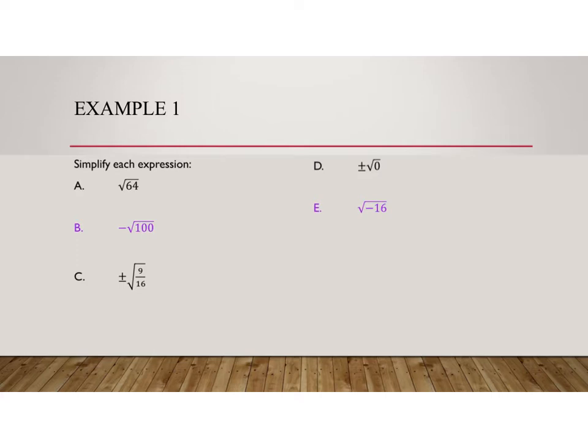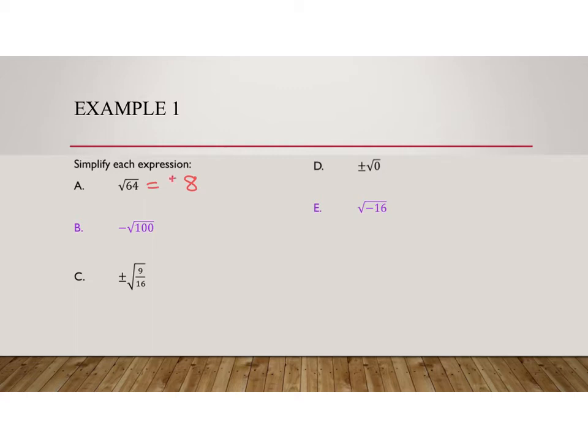So now when we solve these, we want to know what the square root of 64 is. How we're going to interpret this is: what number times itself will give me 64? If I think about the positive aspect, 8 times 8 gives me 64, but a negative 8 times a negative 8 will also give me 64.